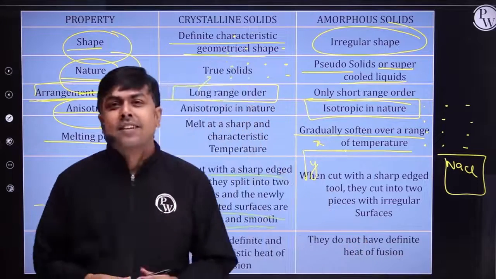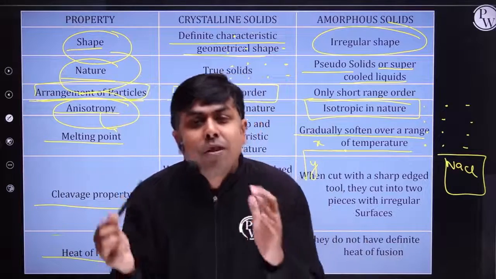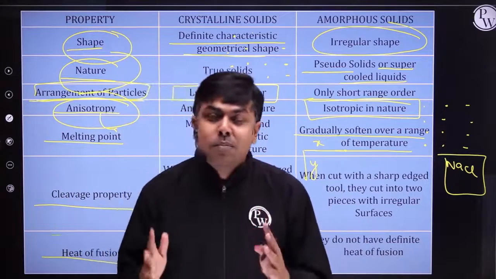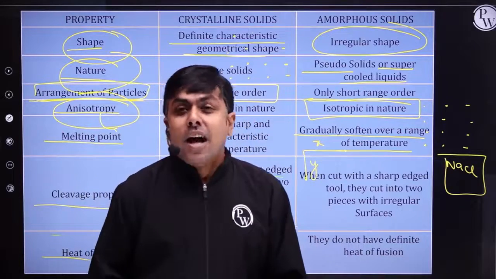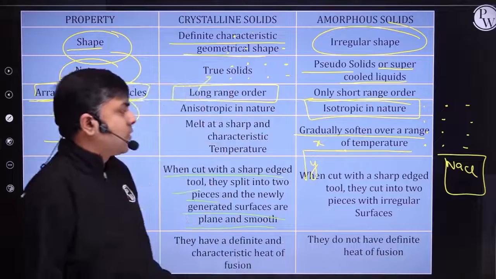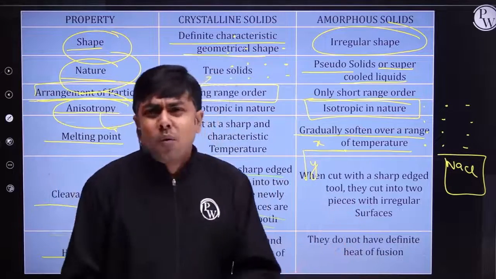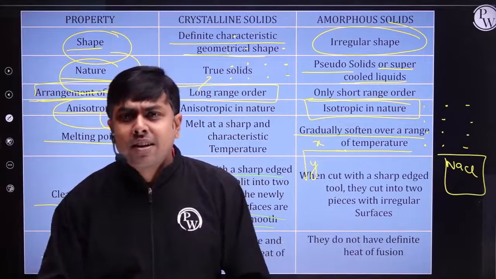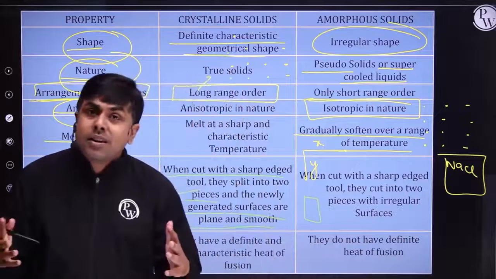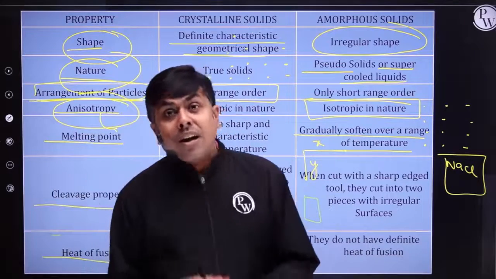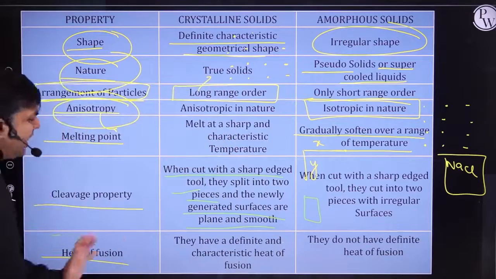And then the faces of the newly generated pieces are plain and smooth. Whereas if I cut an amorphous solid with a sharp edge tool, it cuts into pieces with irregular surfaces. Whenever you cut plastic, the newly formed pieces will not have a plain surface. They will have an irregular surface. Am I clear?